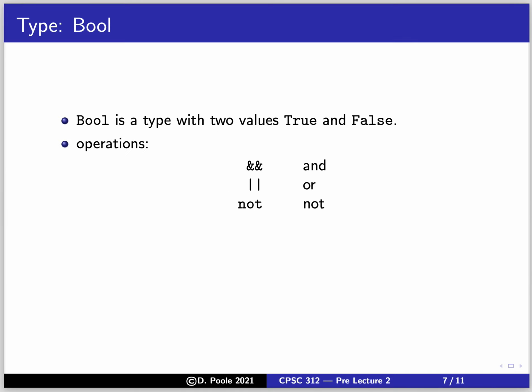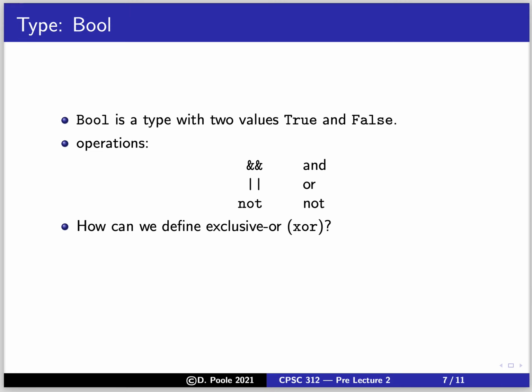So bool is a type with two values, true and false, and the operations are and, or, and not. So in class we'll have a look and see how you could go about defining and, or, and not. Okay, and then we could think about how we could define exclusive or. So think about how to go about doing that.